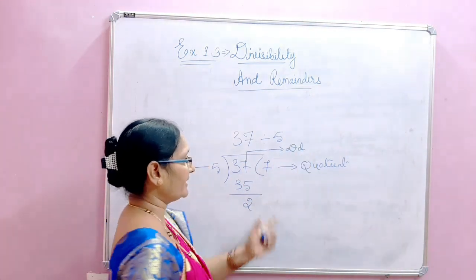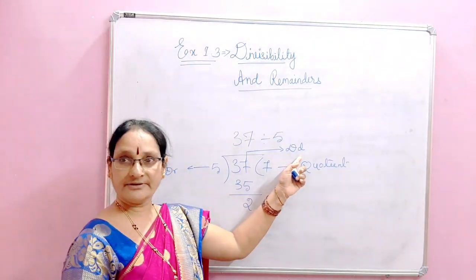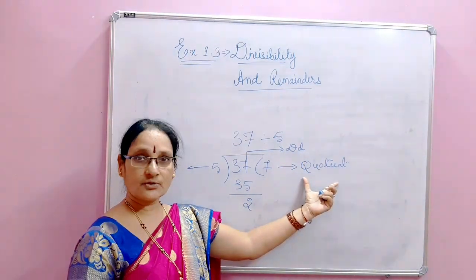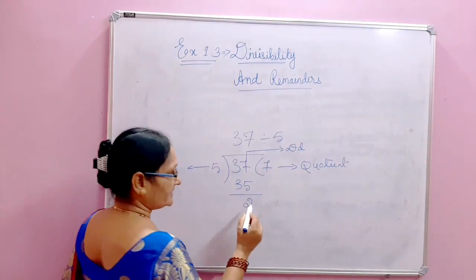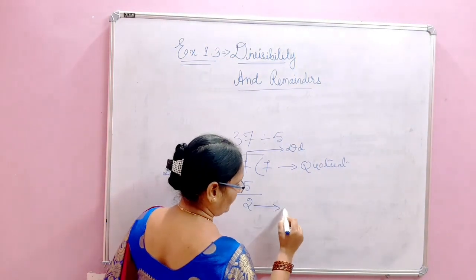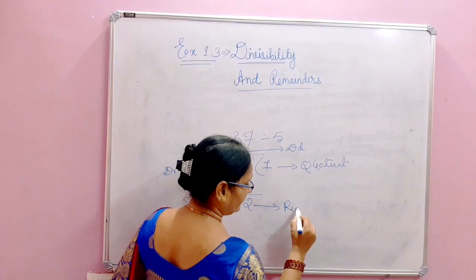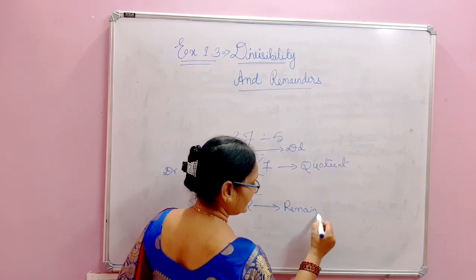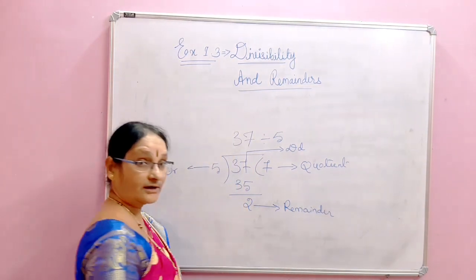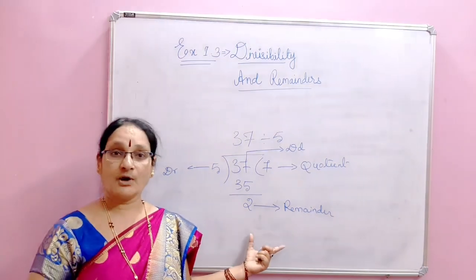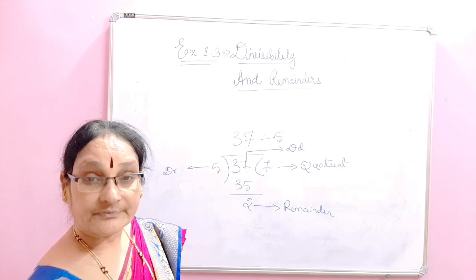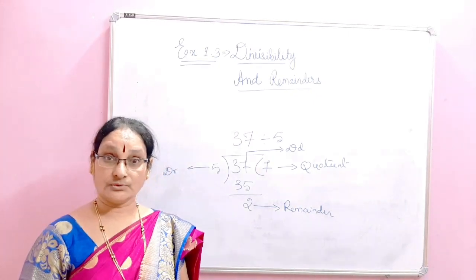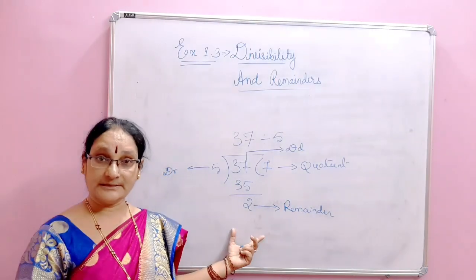In short, we write the dividend, this is the quotient, this is the divisor, and this is called the remainder. This is what you have learnt in the smaller classes. Now this is not what I am going to teach you on this concept.